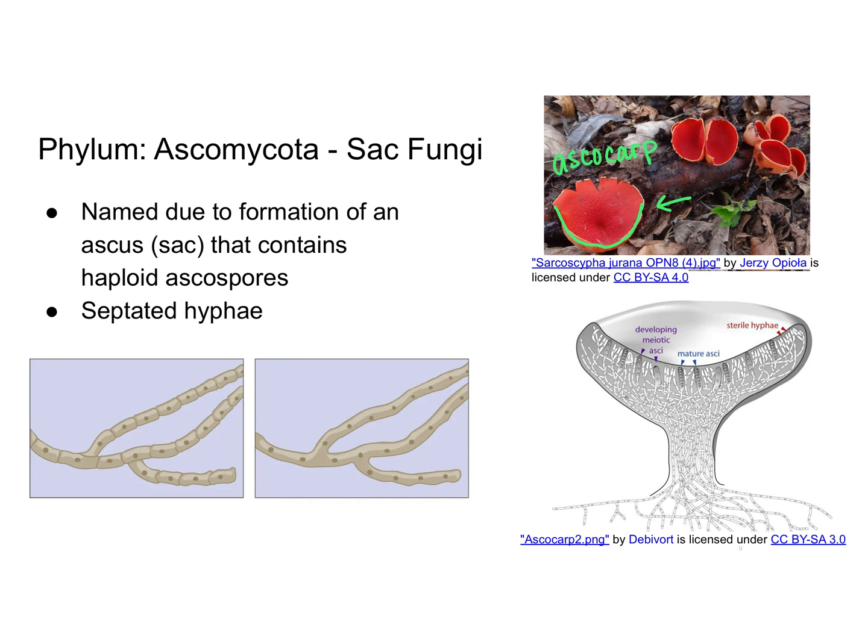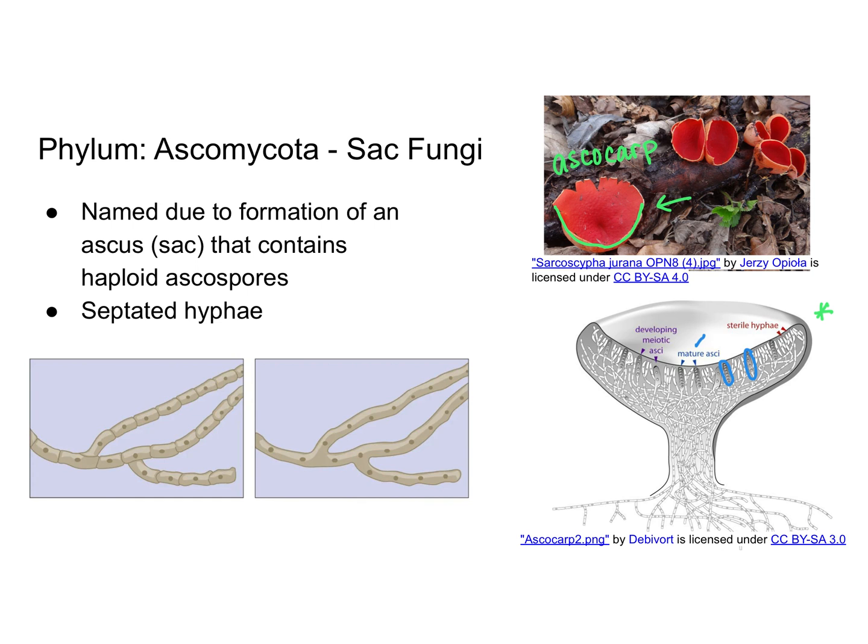Now within this bowl, if we look at this picture, which zooms in on the microscopic parts of the fungus, we can see that within the ascocarp, we have these little sacs. And each sac is called an ascus, and plural is asci.